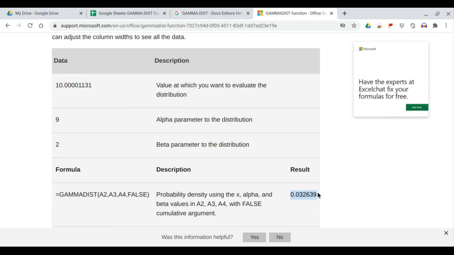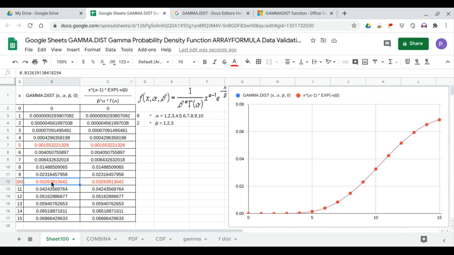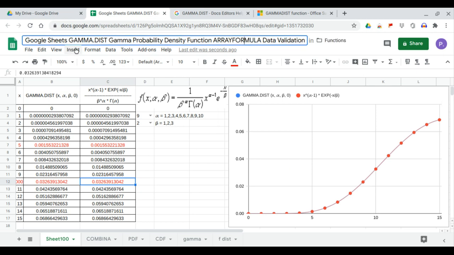So this value matches our results, 0.0326339. This completes the use of array formula, data validation, and GAMMA.DIST in generating the dataset of the gamma distribution or the gamma probability density.